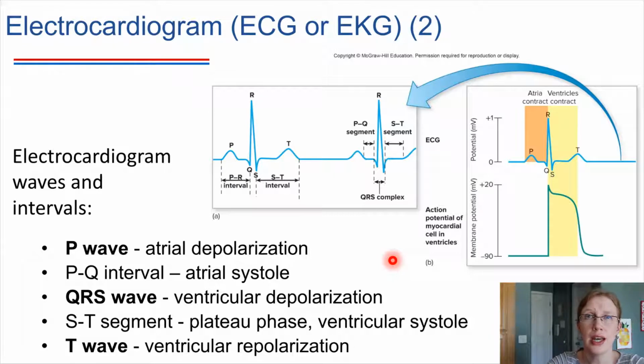Arrhythmias can be detected very clearly by using electrocardiograms. Arrhythmias are abnormal patterns of electrical activity in the heart. And there are different types of arrhythmias. Some of them are tied to what's going on with the atria, depolarization in the atria. Some of them are tied to what's going on in the ventricles. In either case, they can be very serious, they can be very dangerous.